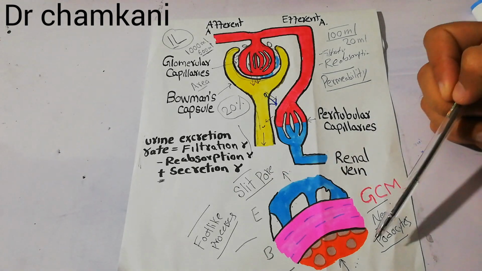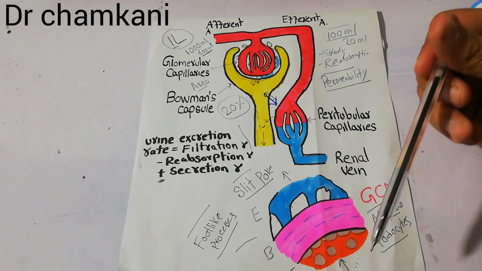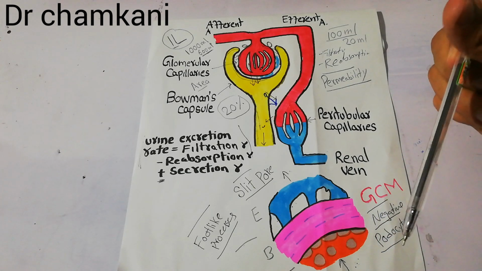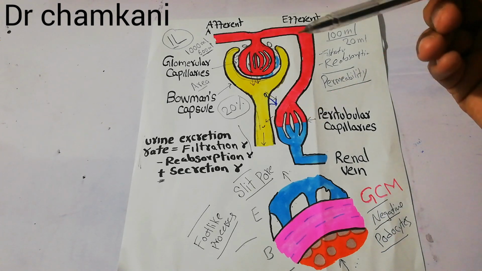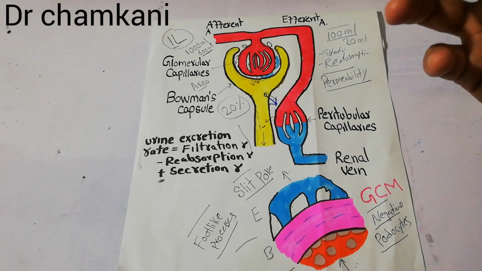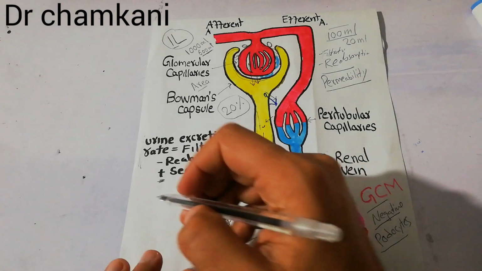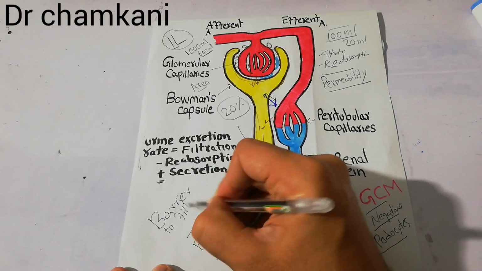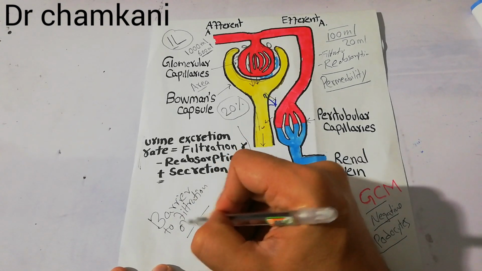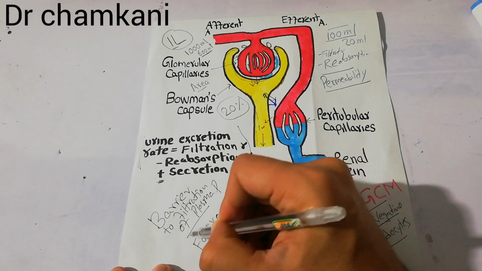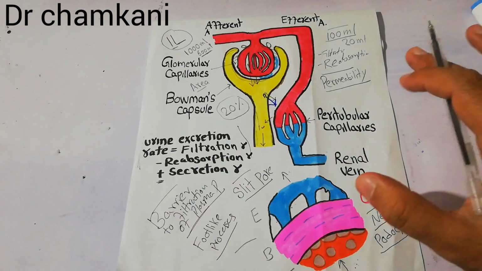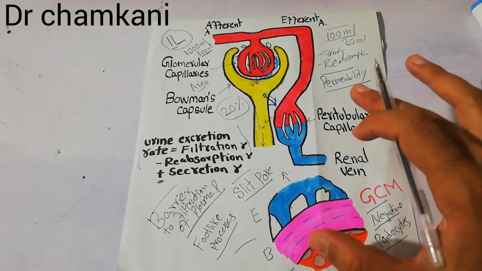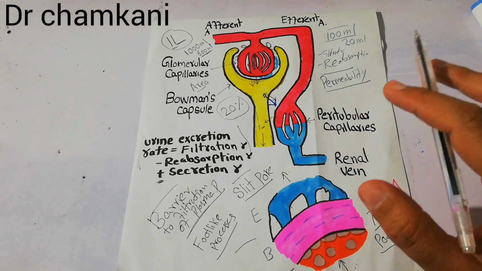They also make sure that water and solute can move, and protein should not move from the capillary lumen towards the Bowman capsule, and so they all make a barrier to the filtration of plasma proteins. So all these three layers make a barrier to the filtration of plasma proteins. That's all about the glomerular capillary membrane.